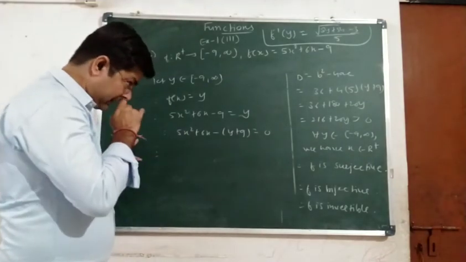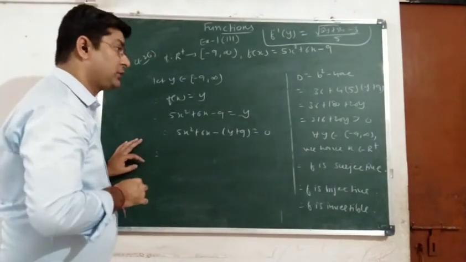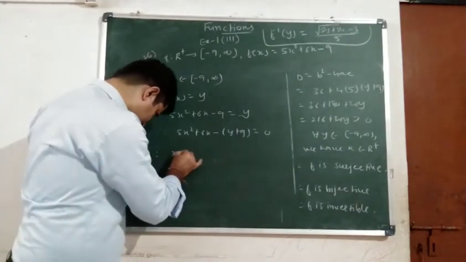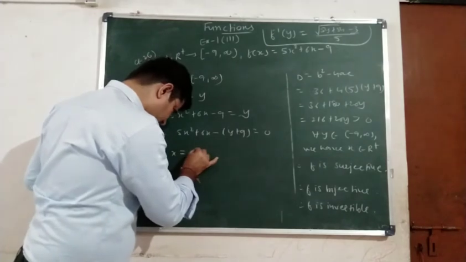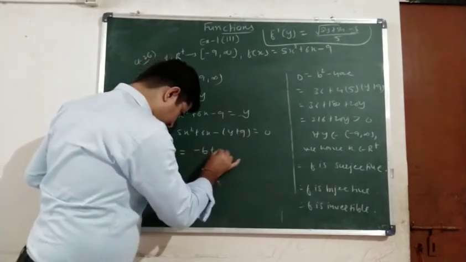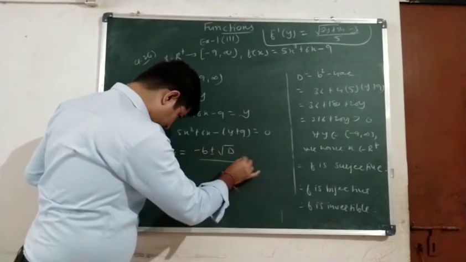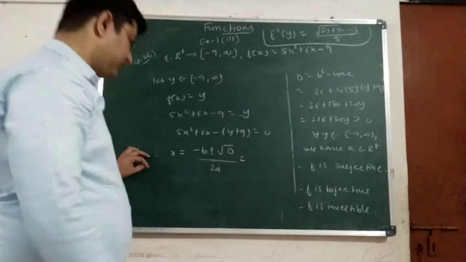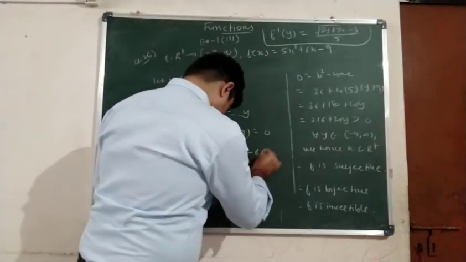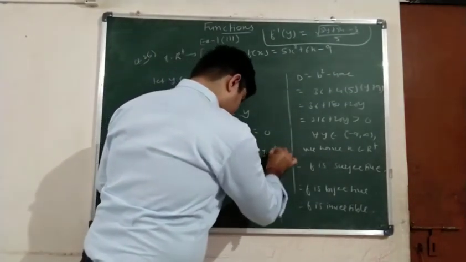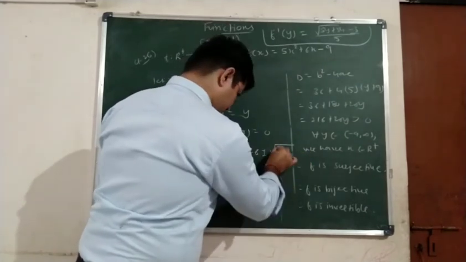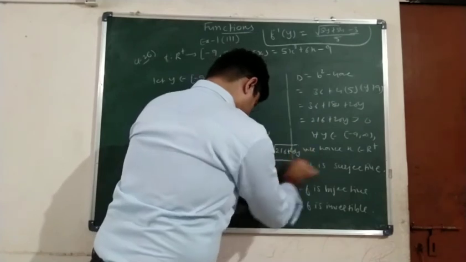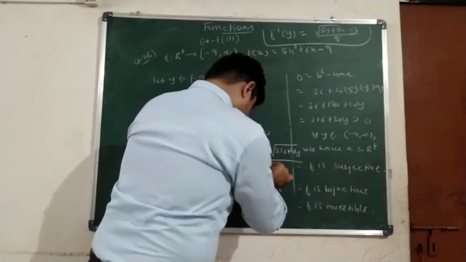And now we know that since for all the values of y, the x will have real values, and therefore x is equal to minus b plus or minus square root of D upon 2a, equal to minus 6 plus or minus square root of D, which is 216 plus 20y, upon 5 into 2.